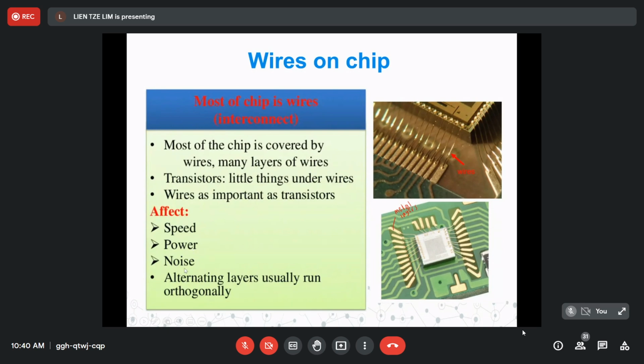When a signal propagates from one point to another point through the interconnect, some noise will be induced from the coupling. And the wires are arranged or can also run in orthogonality. This refers to the alternating layers.